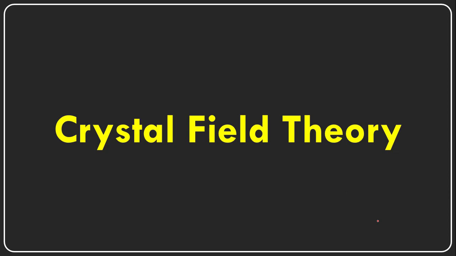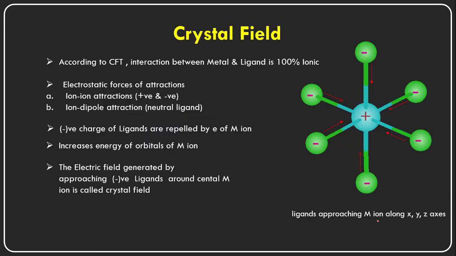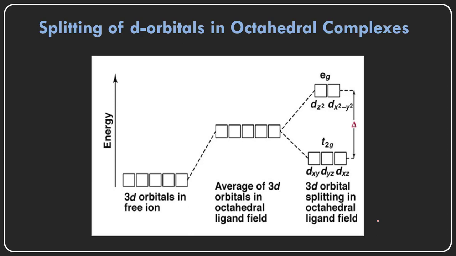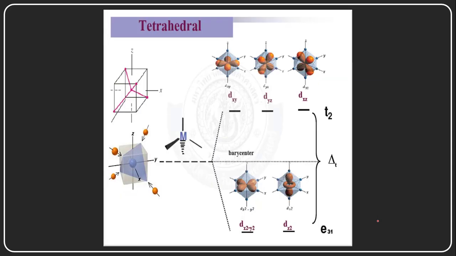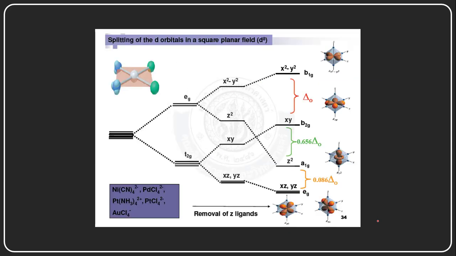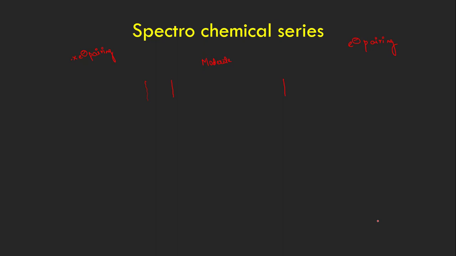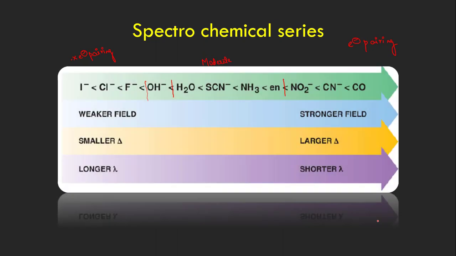Next one is crystal field theory. In crystal field theory, we discussed the postulates, the shapes of the d orbitals, and the splitting of the d orbitals in octahedral, tetrahedral and square planar complexes. The next one is the spectrochemical series given by crystal field theory.